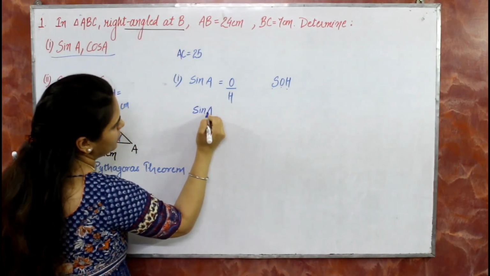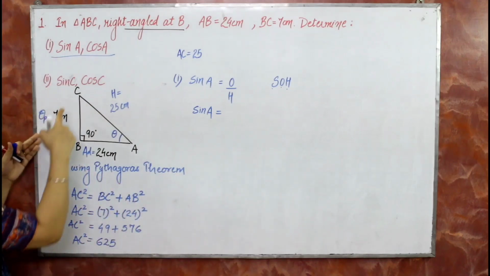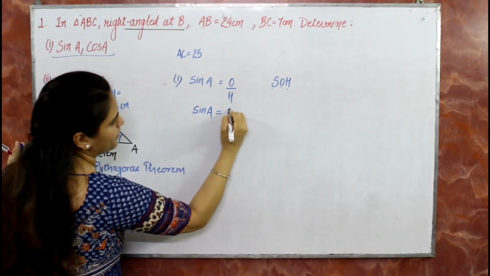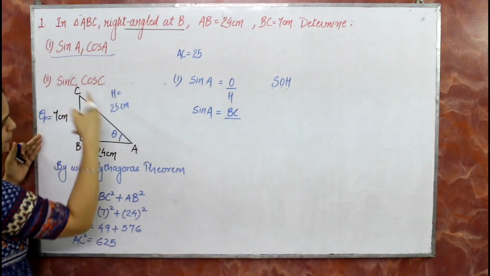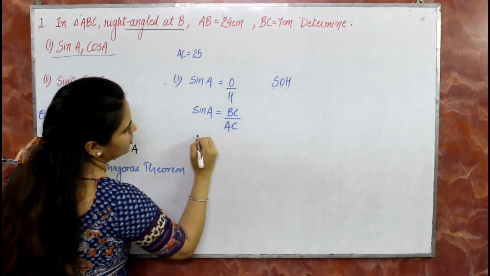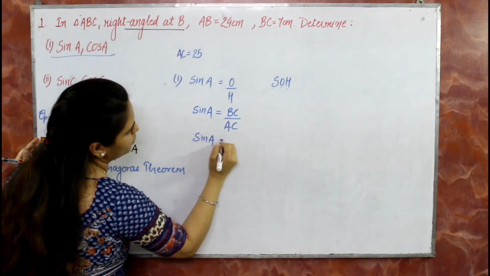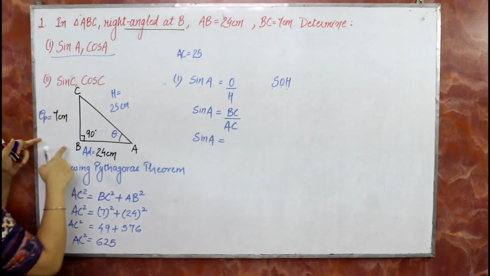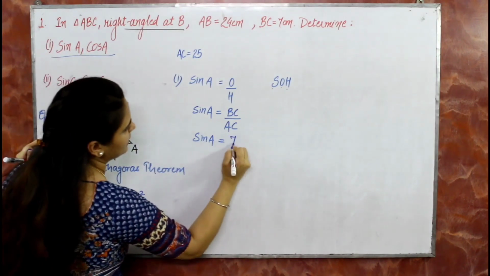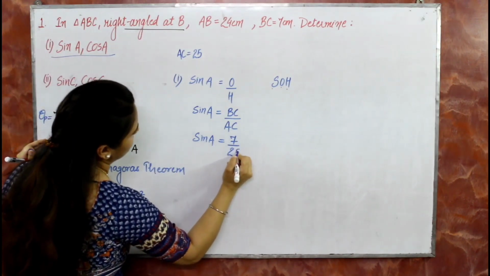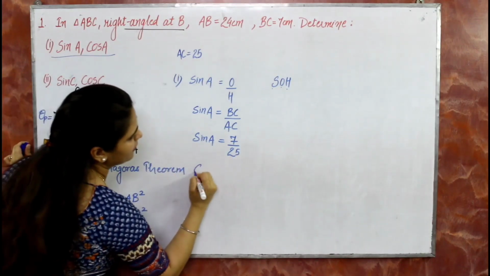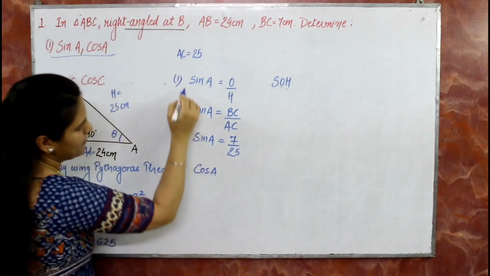Now sin A is equal to opposite side BC and hypotenuse AC. Let's put the value now. Sin A is equal to BC upon AC, BC is 7 and AC is 25. Similarly, we can find the value of cos A as well.